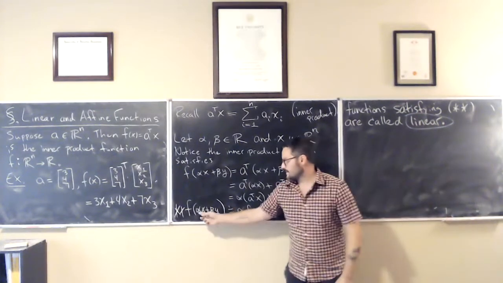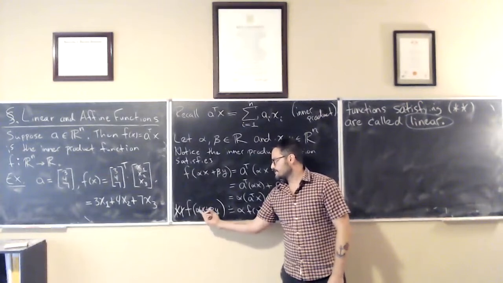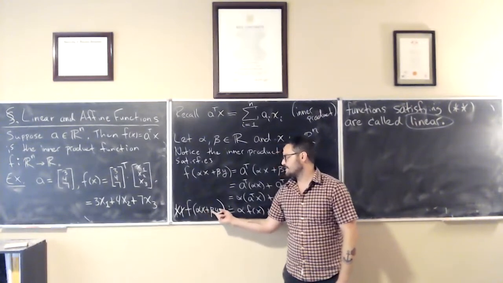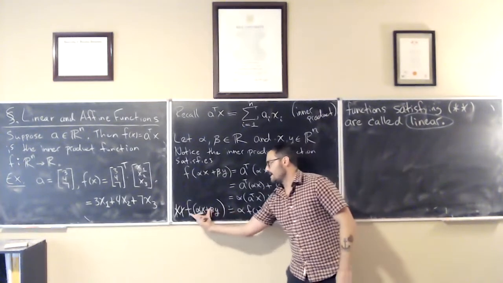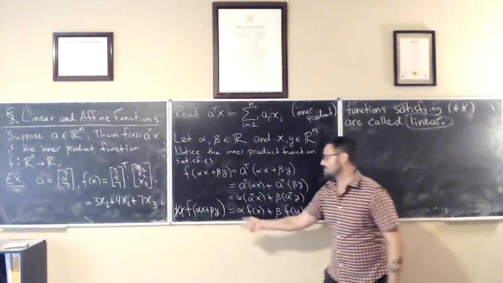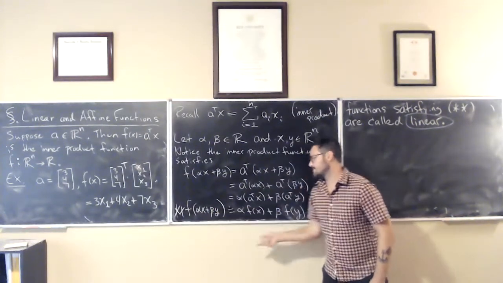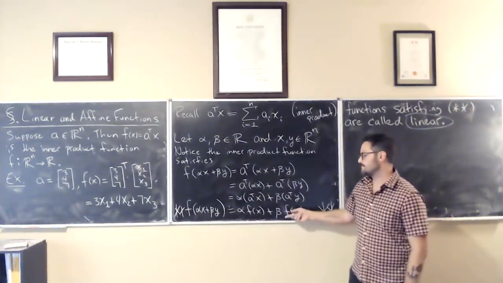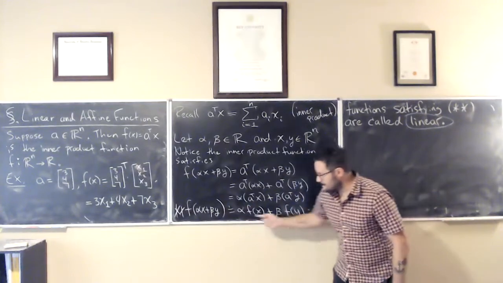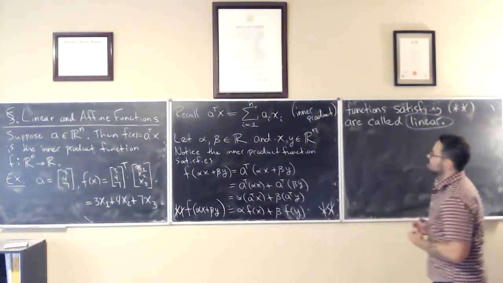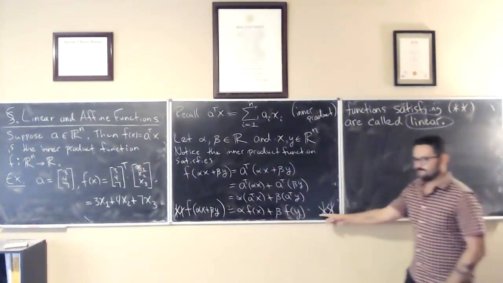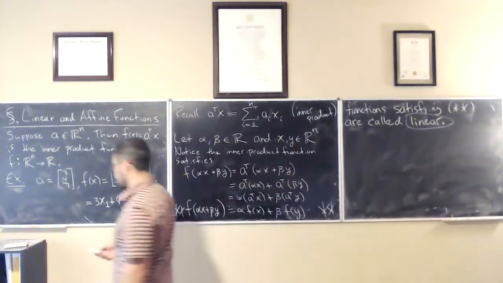If you have a scalar times input plus a scalar times input, f evaluated at that, if that's equal to the first scalar times the function at the first input plus the second scalar times the function at the second input, then it's called linear, and only when this holds. That's the formal definition of being linear.